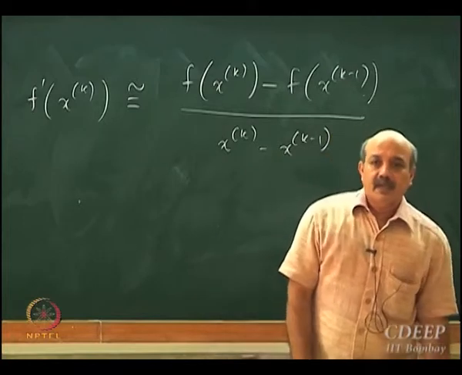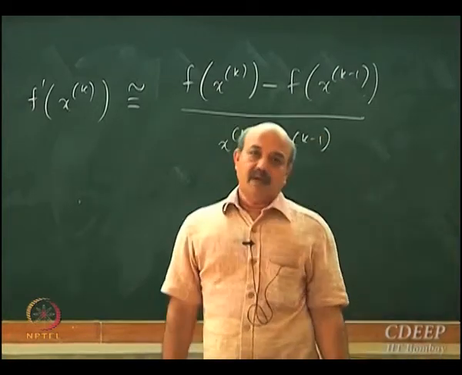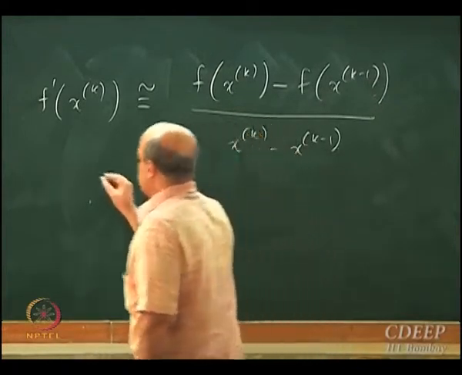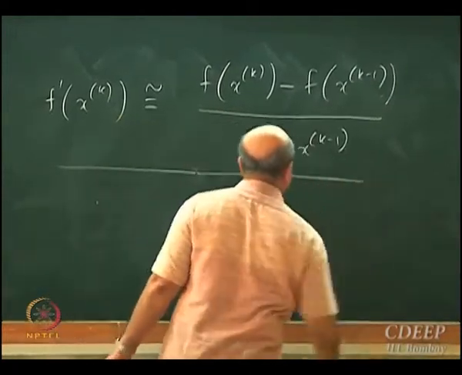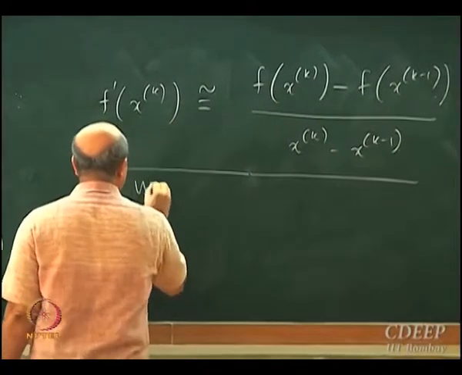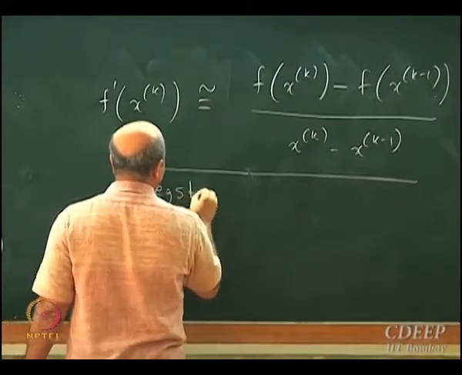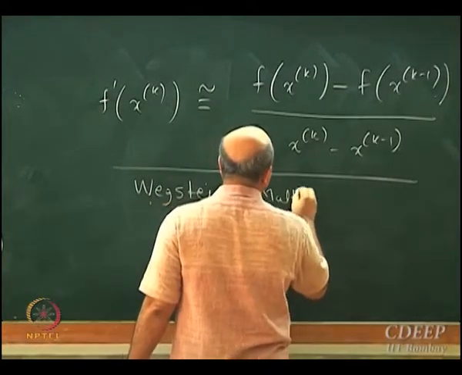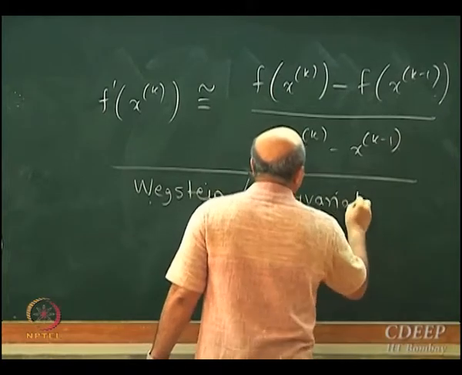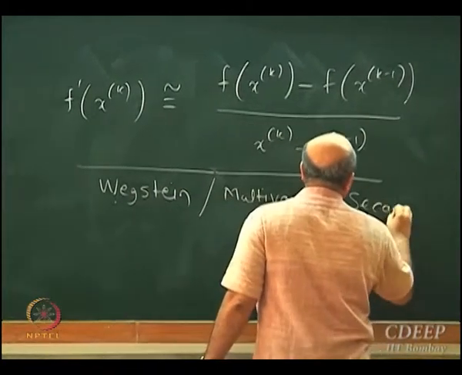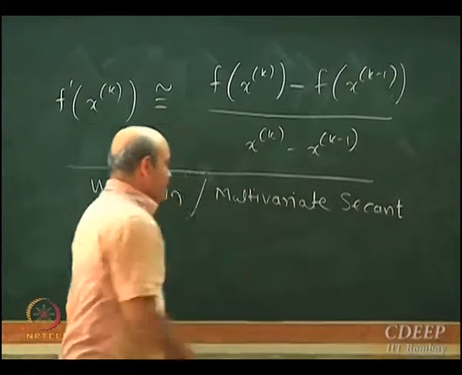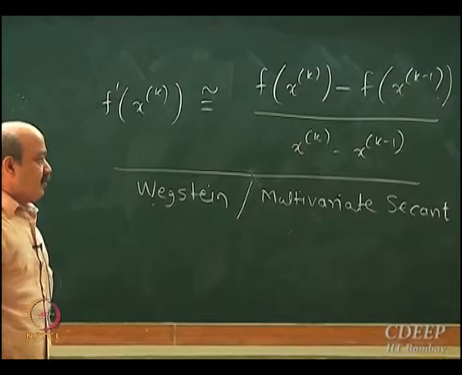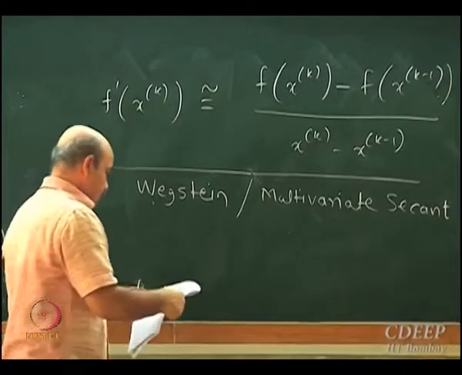Now what I want to do is come up with a multivariate analog of the secant method. Okay, so this is the multivariate secant method, known as Wettstein iterations or the Wettstein method.